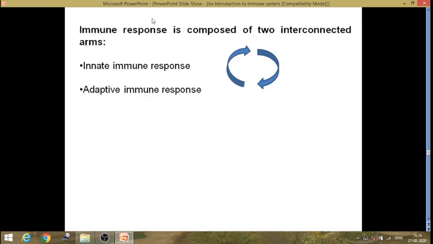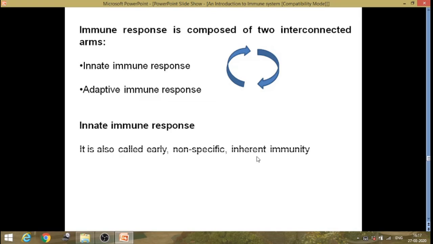The immune response generated inside our body against the pathogens is composed of two interconnected arms: innate immune responses and adaptive immune responses, also called innate immunity and adaptive immunity. Innate immune response is the early response. It is also called the early, non-specific, and inherent response.